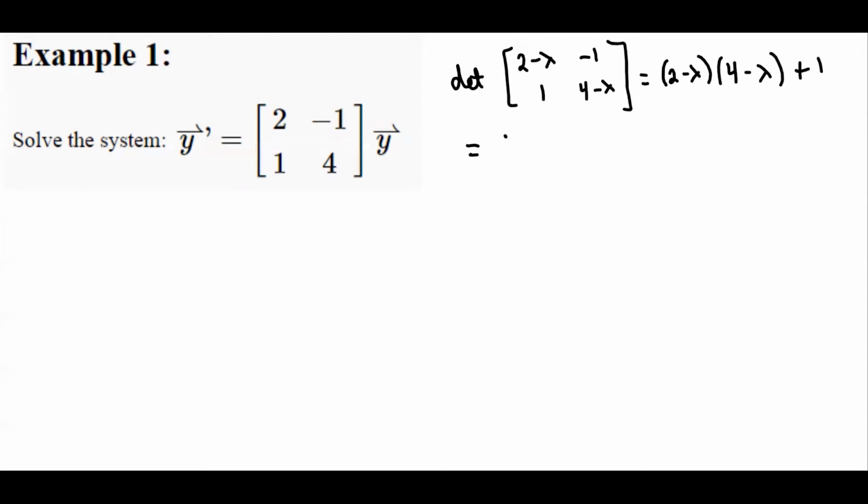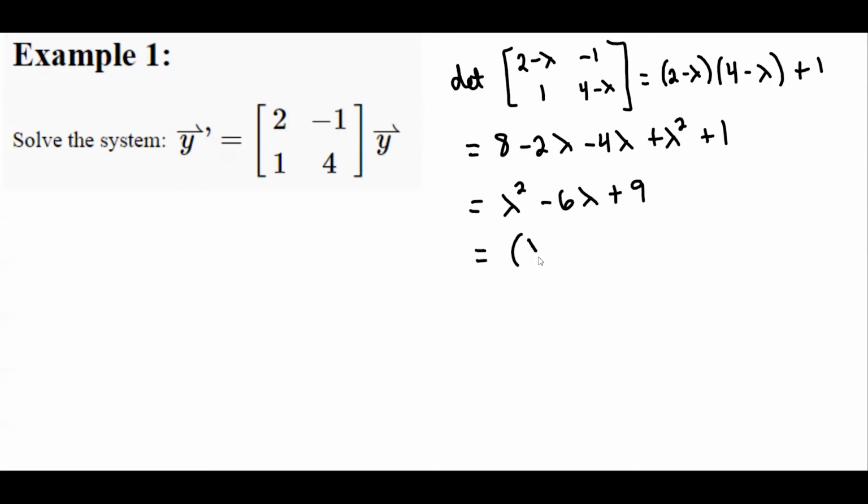We get 8 minus 2 lambda minus 4 lambda plus lambda squared plus 1. Rewriting, it's lambda squared minus 6 lambda plus 9. You can see this is a perfect square, so this is lambda minus 3 squared. So we get lambda equals 3 with multiplicity 2. It's a double eigenvalue.